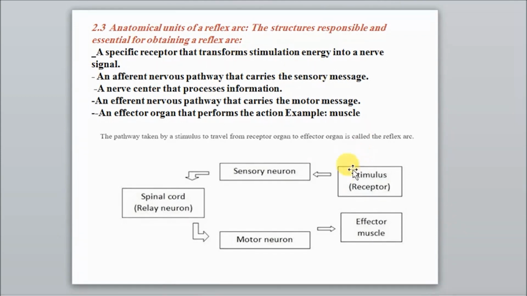This nerve message is going to be transmitted to the spinal cord, which is the nerve center here, by the sensory neuron via an afferent pathway going from the receptor to the center. Next, the center is going to process the information, and a motor message is going to be carried by the motor neuron via an efferent nervous pathway to the effector organ, which is the muscle in case of movement, posture maintenance.